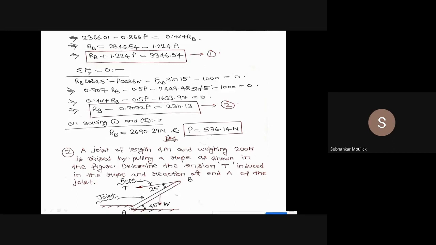So I am interested in looking at how many forces are acting on this joist and at which angle it is acting. Then by the use of different formulas, whether it is Lami's theorem or something else, we will find out the value of unknown T and the reaction RA. So let us draw the free body diagram first.